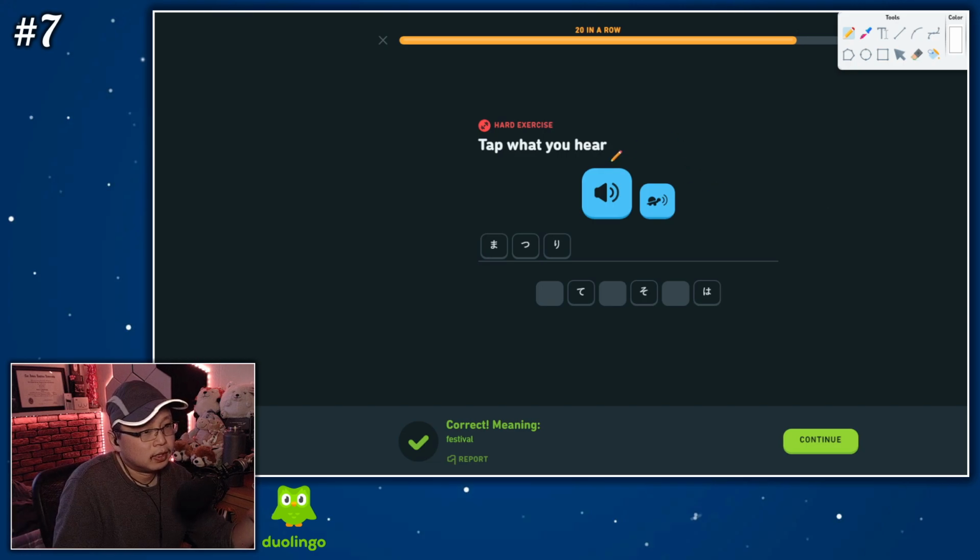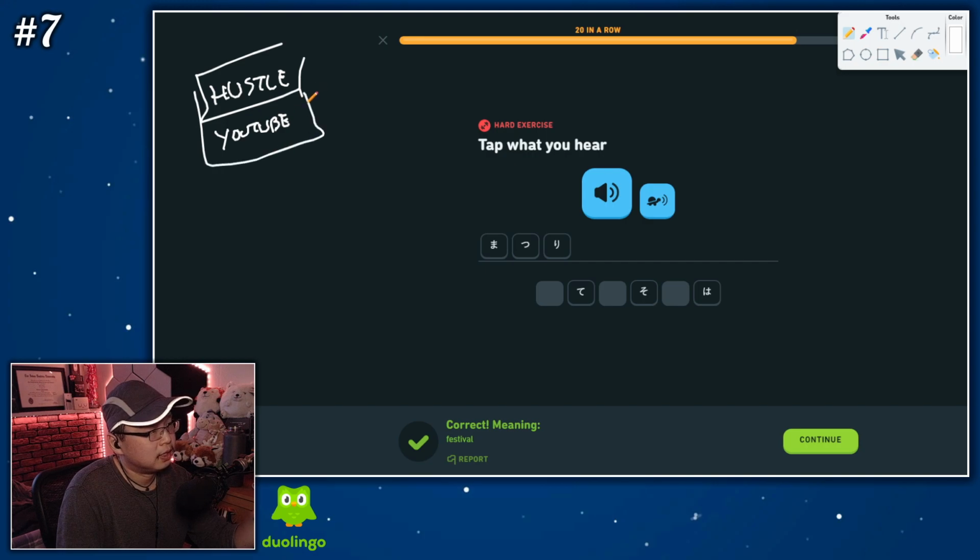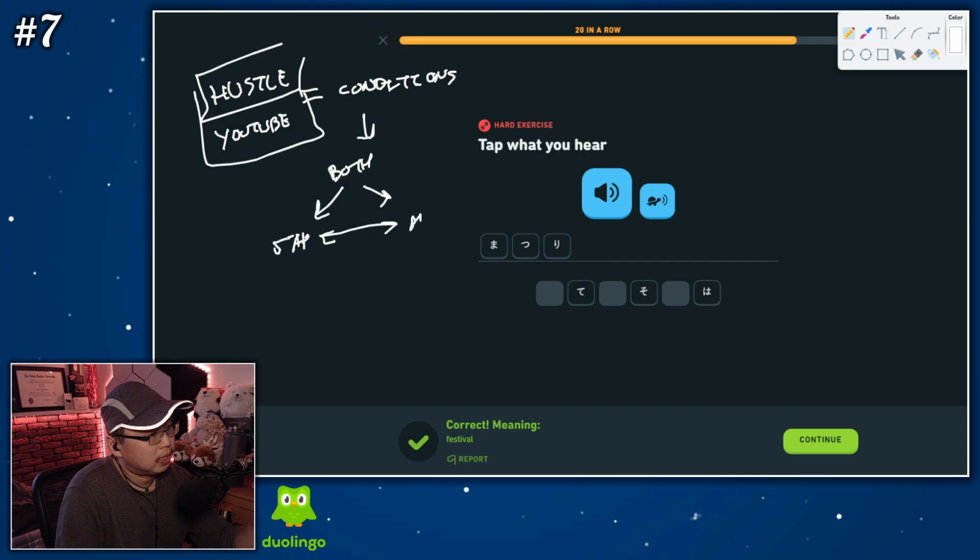So a lot of times the hustle culture is kind of terrible at this, or the internet can be terrible at this advice when you think about how overwhelming things are. I know it's not necessarily completely related, but this is more of a conditioned response where you want to do both, but what you do is you jump back and forth between Japanese and Mandarin.